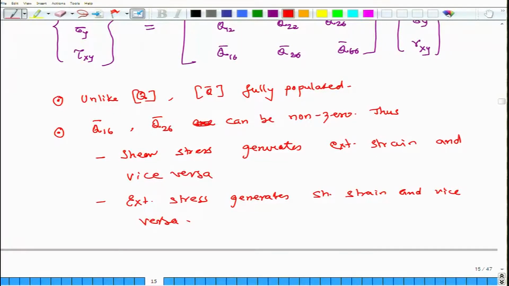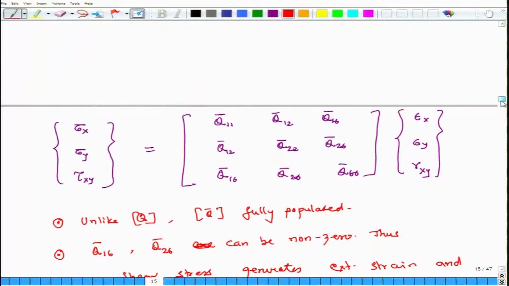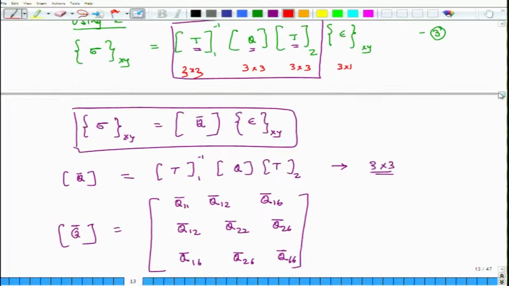So, this is the situation for a generally orthotropic system, but even here the number of independent engineering constants is still 4, because Q11 bar, Q12 bar, Q16 bar only depend on what? Some sines and cosines which are not related to engineering, but they only depend on 4 independent values of the Q matrix.